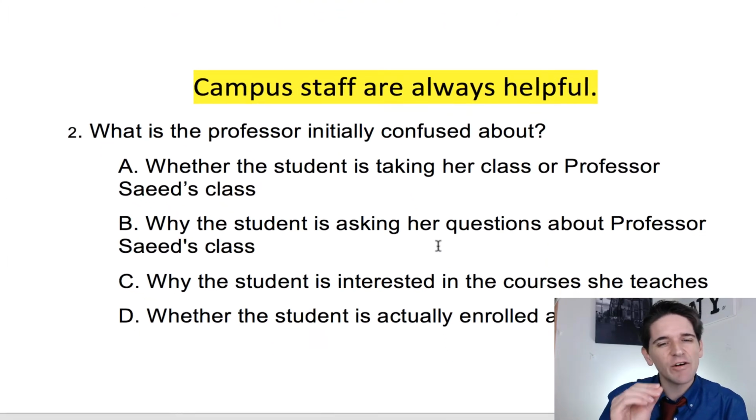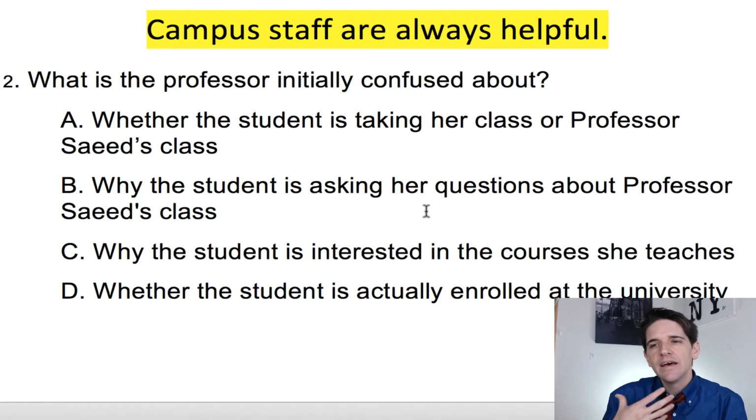The campus staff are always helpful, okay? Sometimes you will be given choices that are too negative. Remember that college campuses are helpful places. They're like heaven, you know. The staff is helpful.